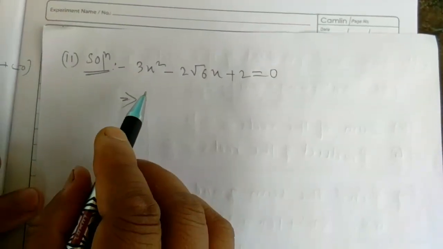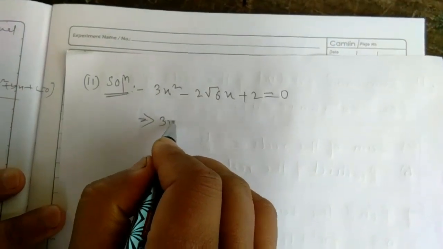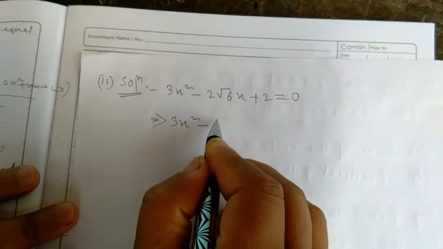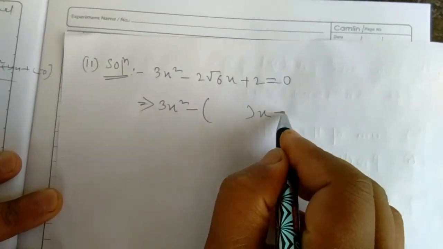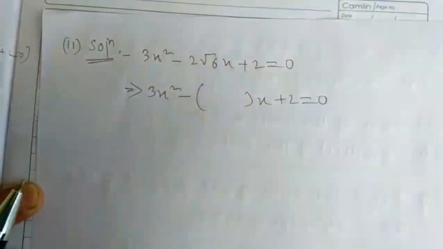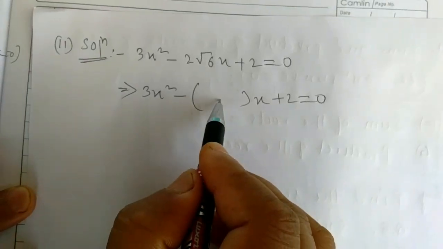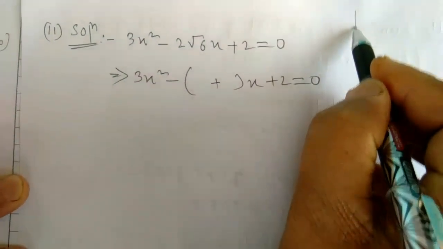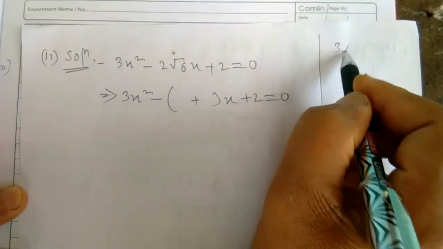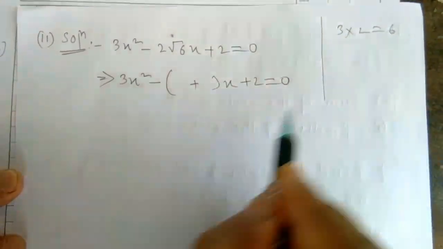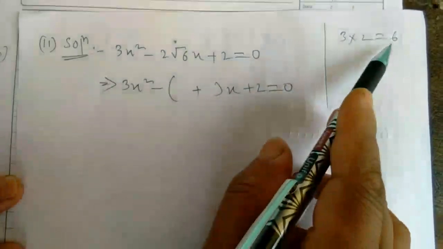Again, it's the same as before. 3x square minus, we will not write this one, we have to write x outside, plus 2 equal to 0. Here it is plus sign, so we have to put a plus sign first. Then we have to multiply the coefficient of x square and the constant term. 3 into 2 is 6. Here we have 2 root 6, but we have got only 6.